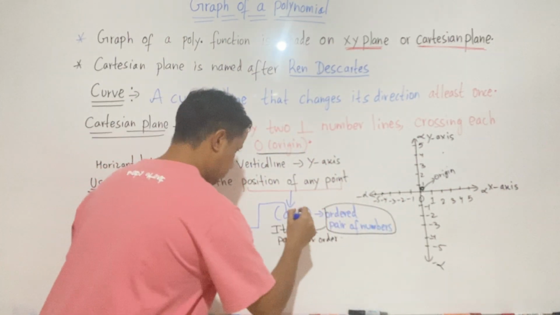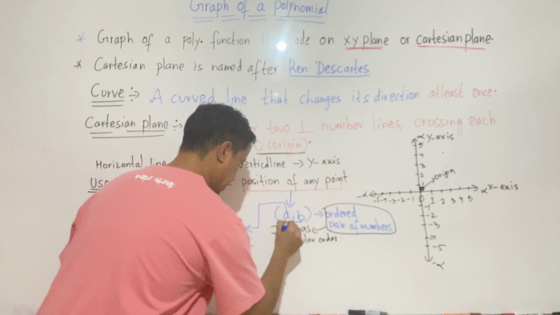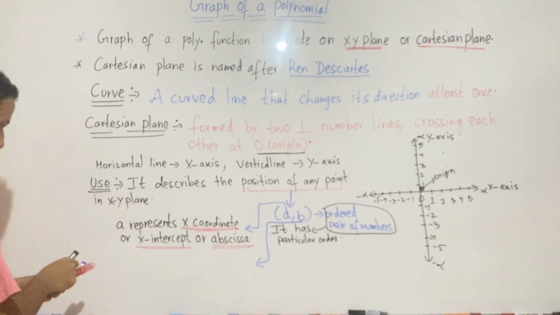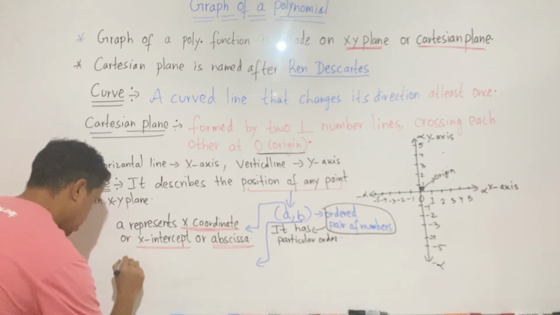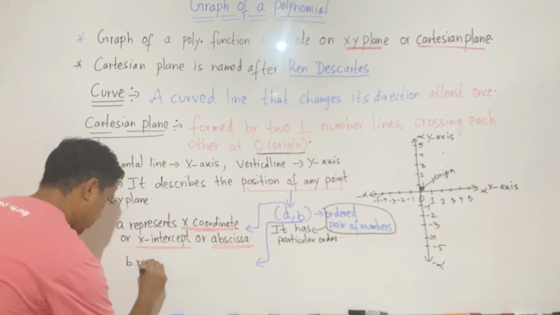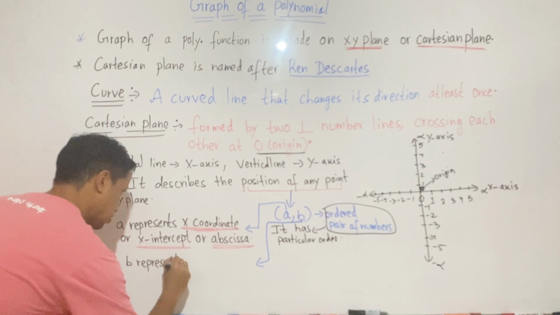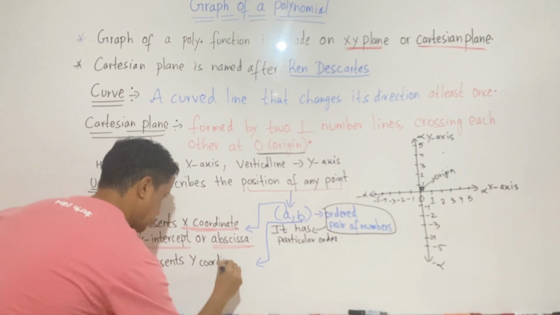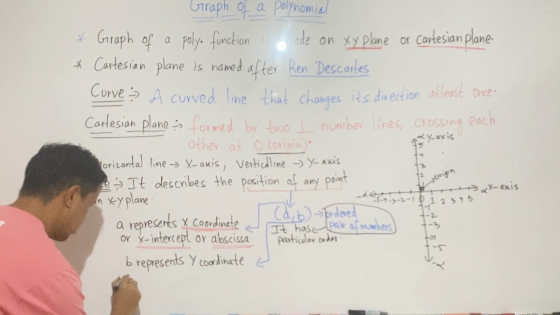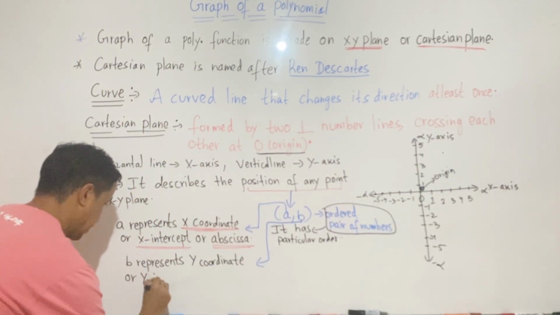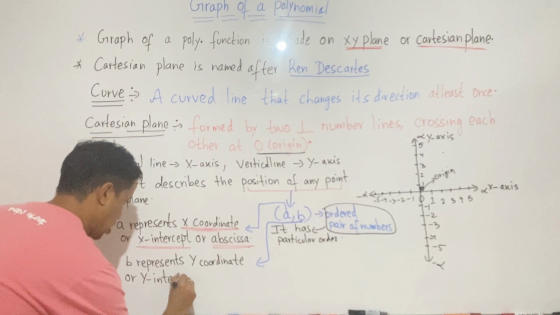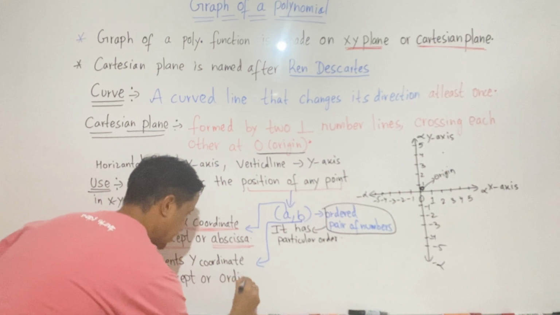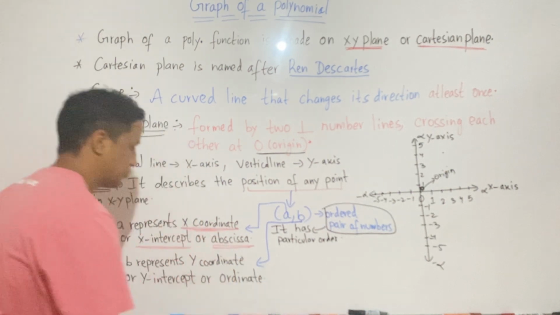Then this b. B represents the y coordinate, or y-intercept, or ordinate.